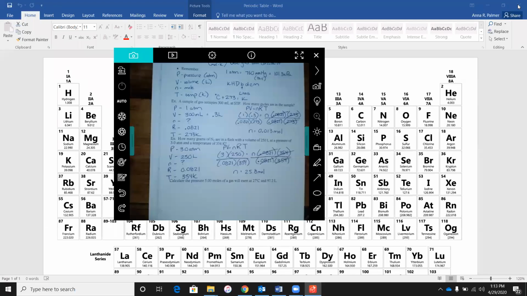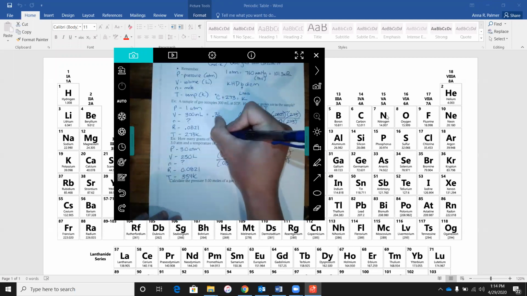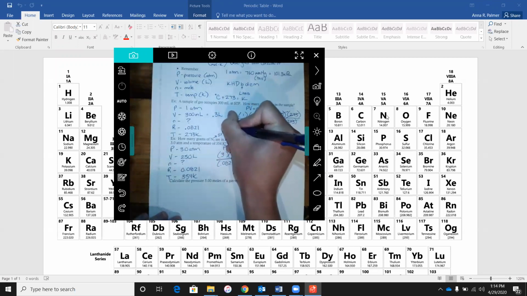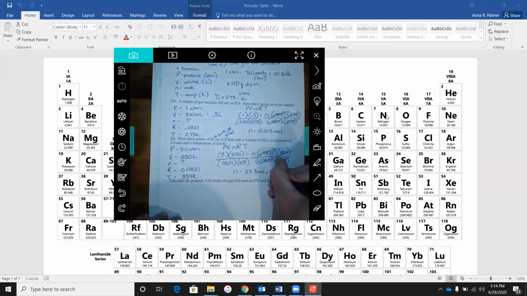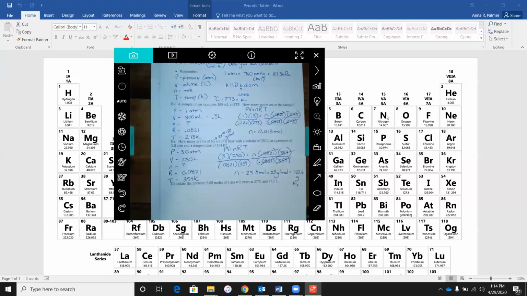If you look at your periodic table, nitrogen's mass is 14, but there are 2 nitrogens, so 2 times 14 is 28 grams per mole. 25.8 times 28 gives me 722.6 grams of nitrogen gas. And we are done with problem number 2.